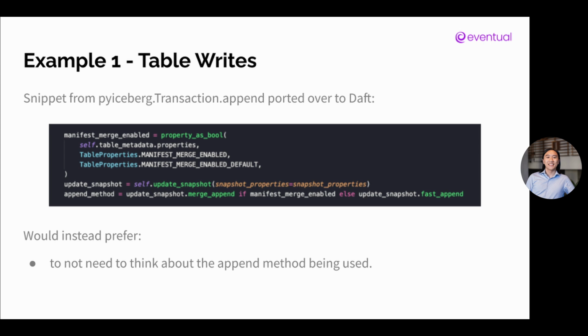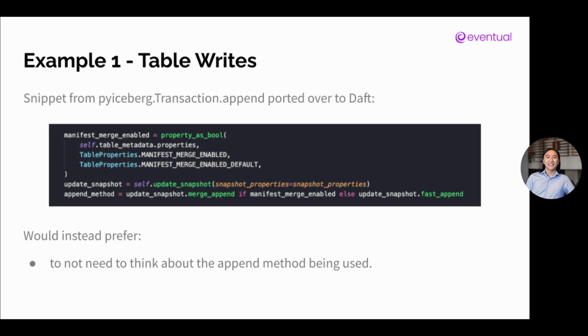This one is the append method of PyIceberg, where we had to port the logic for choosing it to the Daft side. And it's something that is only PyIceberg specific and doesn't really have to do with anything on our end; there's no decision that it needs to be made on the Daft side.